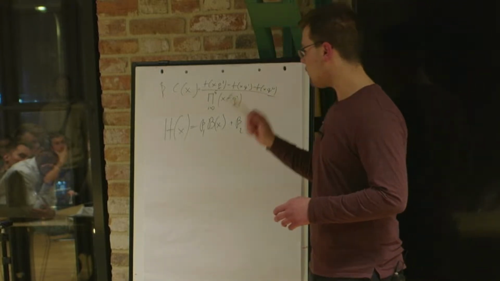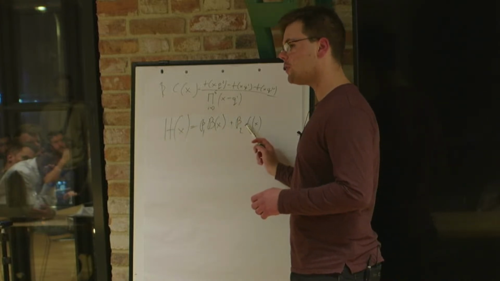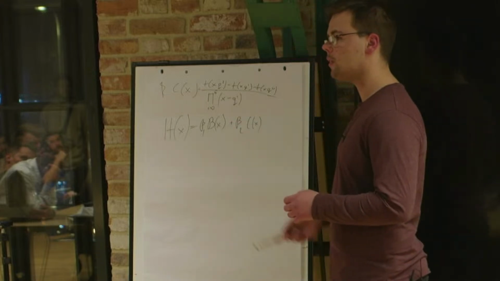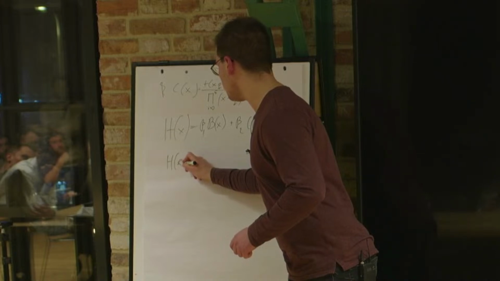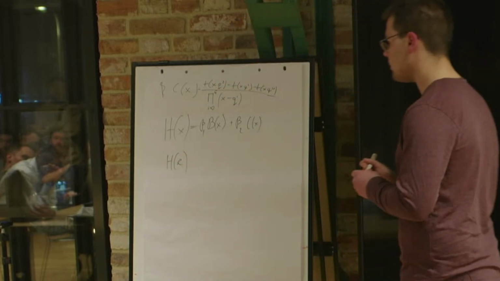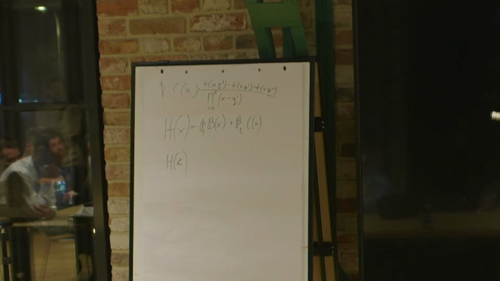So the verifier is going to prompt the prover: okay, give me the evaluation of this h of x in a couple of places, or in a single place, h of z, where z is an out-of-domain value, arbitrarily chosen by the verifier.